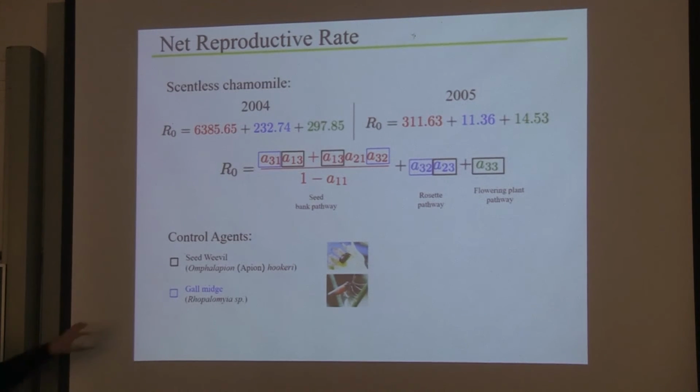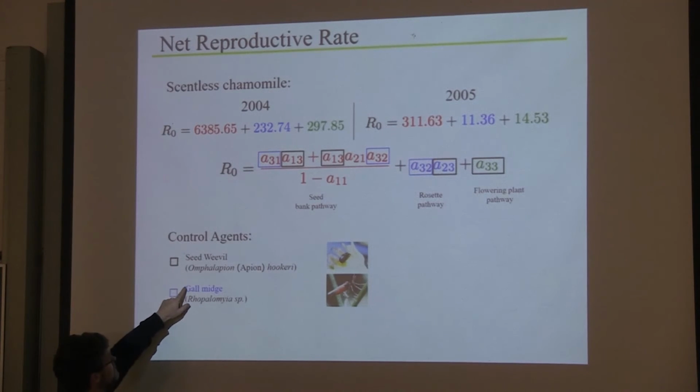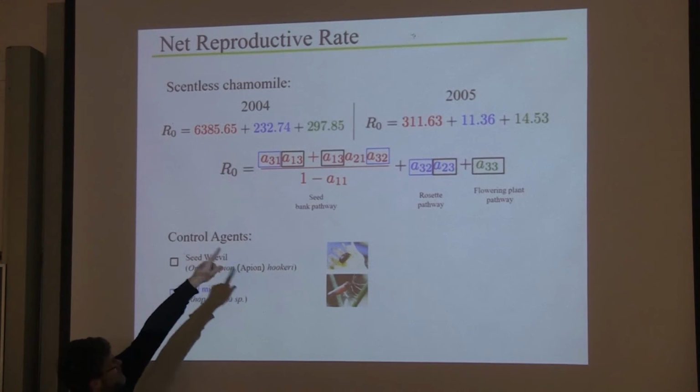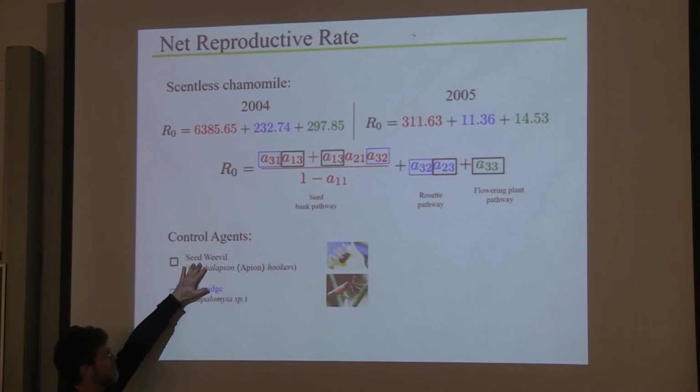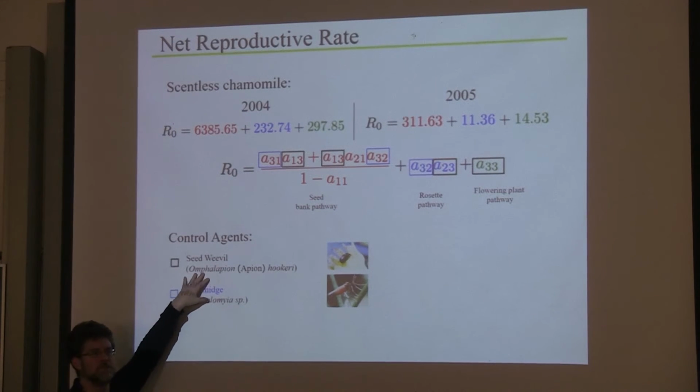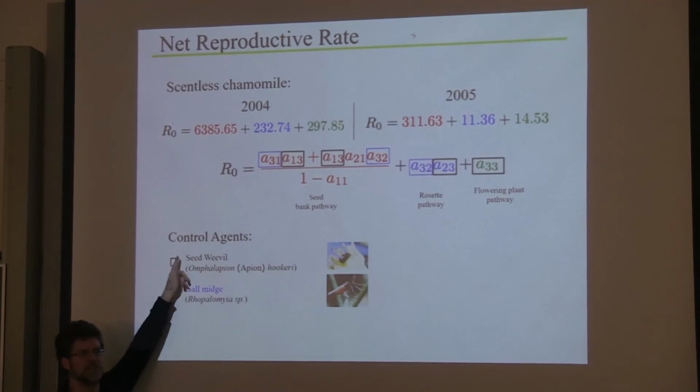So we can see how each of these control agents would affect the different terms in R naught, and immediately see how things would change intuitively. In the lab, I've got a little bit of code to figure out how effective these things would need to be to actually control the weed.